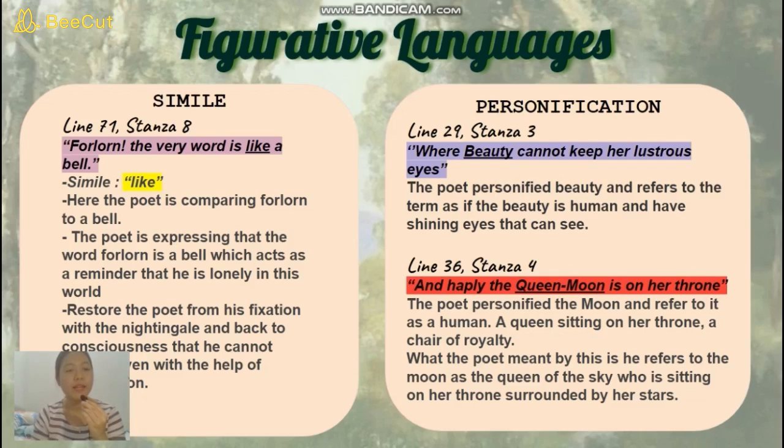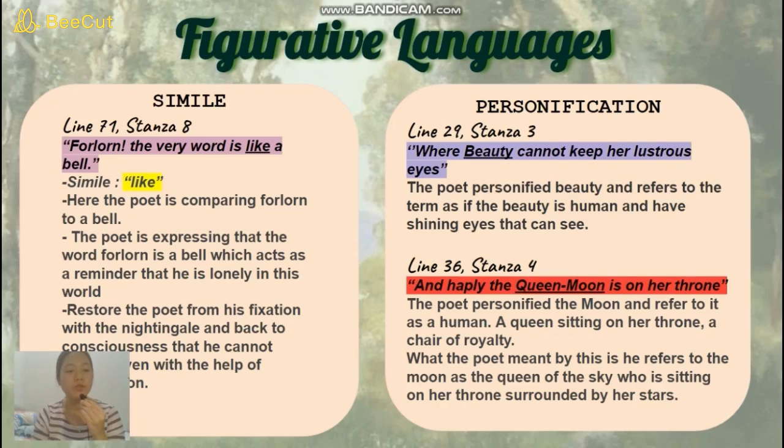Simile could be found in line 71, stanza 8. Quoted, "forlorn, the very word is like a bell." So here the poet is comparing forlorn to a bell. Forlorn being an emotion that we feel, and a bell which is an object. The poet is expressing that the word forlorn is a bell, which acts as a reminder that he is lonely in this world.